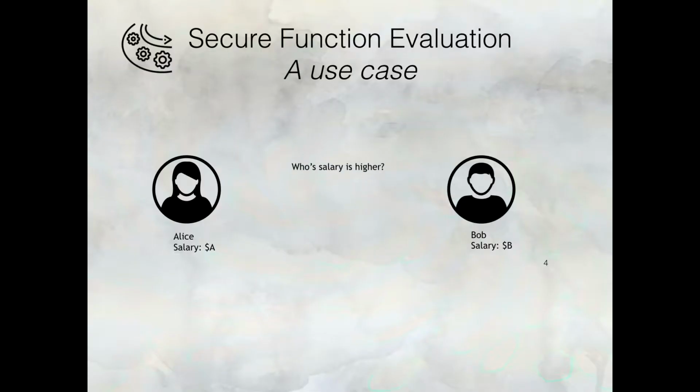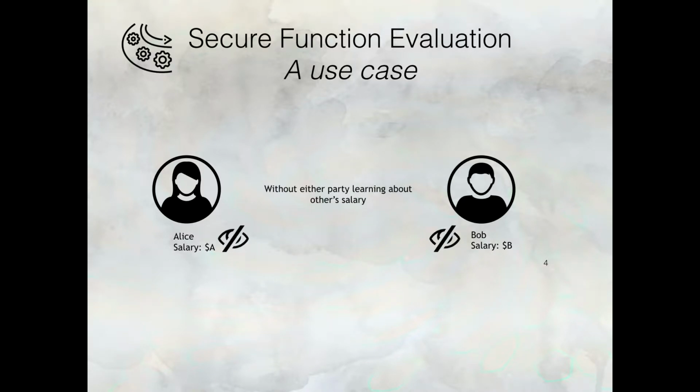But the thing is that they want to keep their income to themselves, and it is private information for both of the parties. So secure function evaluation is used in this case. The basic use case I explained is also known as Yao's millionaires' problem in cryptography.